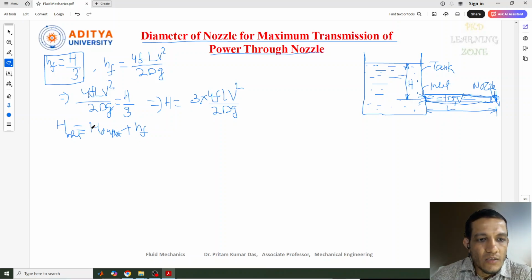The head at the outlet condition is the kinetic head, because the total energy is converted to kinetic energy. When the liquid is flowing through the pipe, all the energy, meaning pressure energy and kinetic energy, is converted into kinetic energy when it reaches the nozzle.